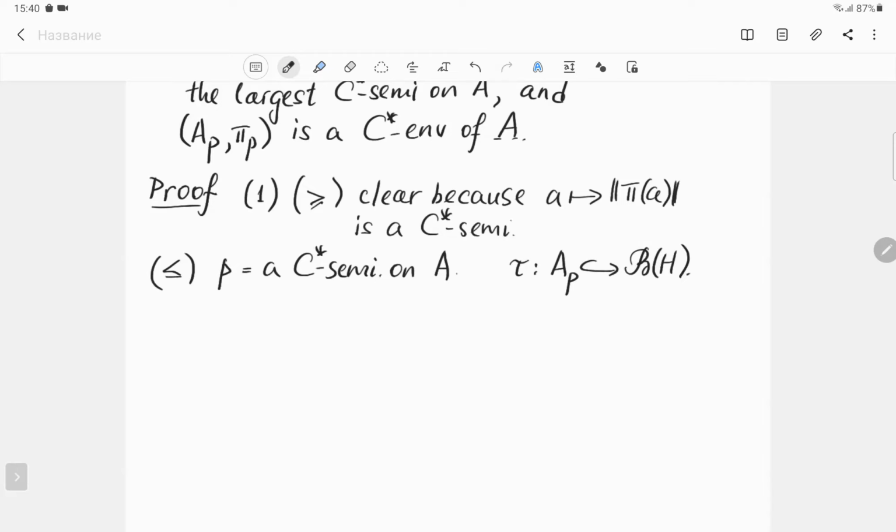Then for each element A in our algebra, we have the following equalities. The norm of pi(A) equals the norm of its image in A_P, simply by the definition of the respective norm on A_P. And since tau is faithful, it is isometric, so we can write this in the following way.